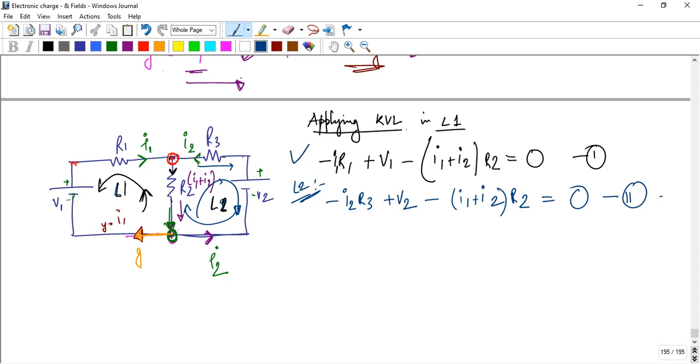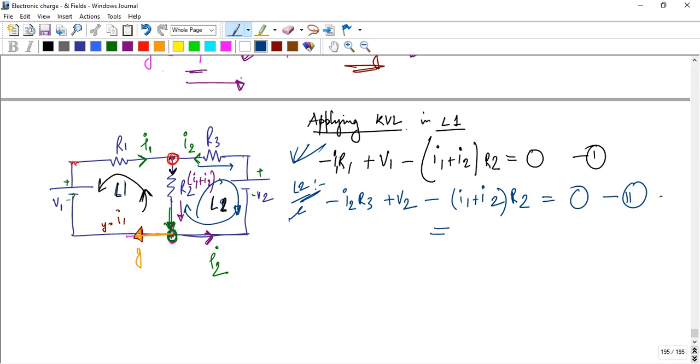Now we get two equations, with I1 and I2 the two unknowns, and you can solve easily. Very easy numerical. The basic important point is applying KCL and KVL in any direction, in any loop, either clockwise or anti-clockwise.